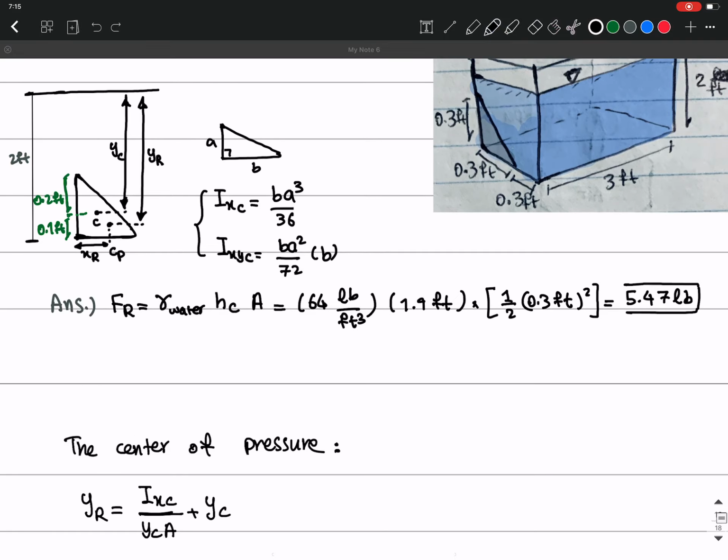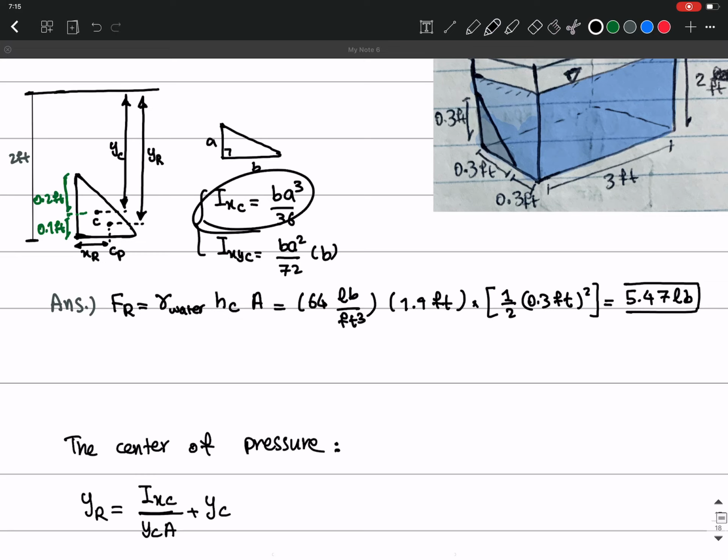I have IXC, so this is the IXC of that, okay, the moment around here. So X is here, this is X. Let me show it again. This is X, and this is Y direction, okay, the coordinate system. IXC means from here, right? This is going to be X. This is going to be Y, XC and YC. So the moment of XC is going to be around this.